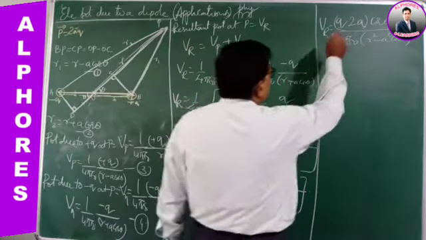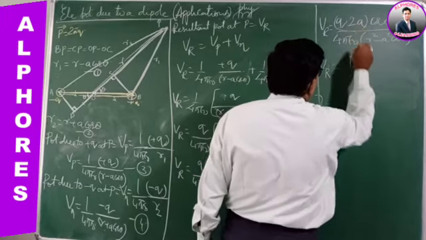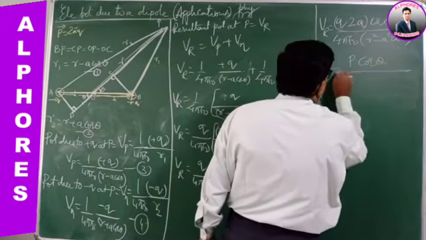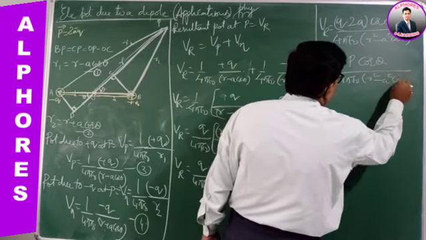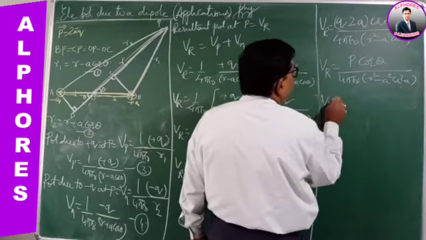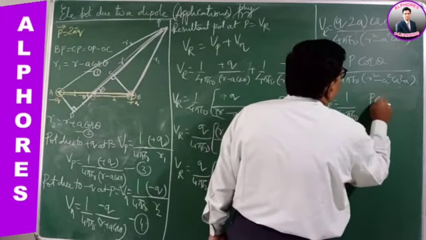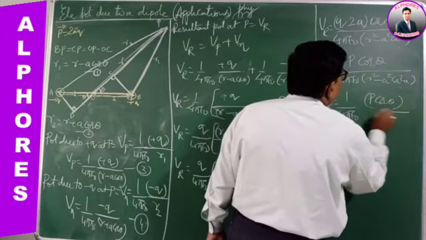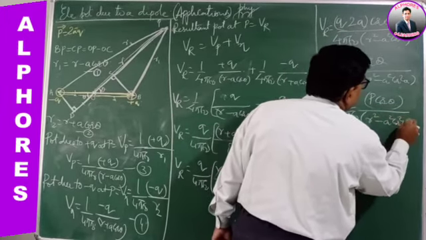So I can substitute 2AQ as the dipole moment P. So it's P cos theta by 4 pi epsilon naught into R square minus A square cos square theta. So the resultant potential at any point is 1 by 4 pi epsilon naught P cos theta by R square minus A square cos square theta.